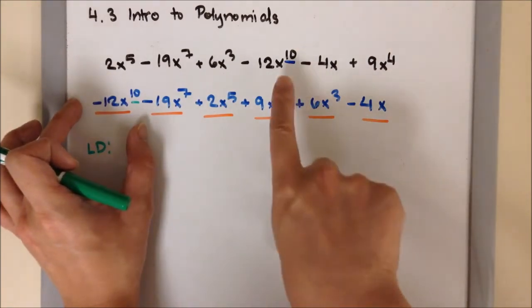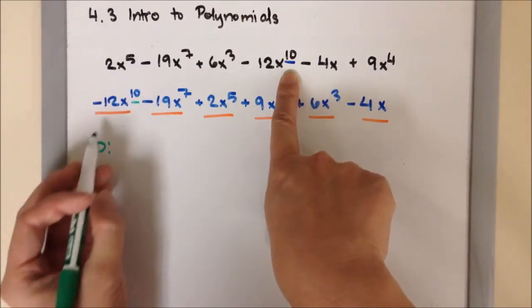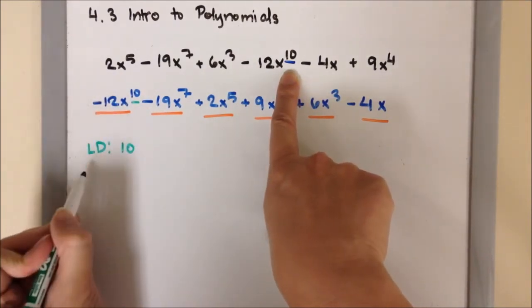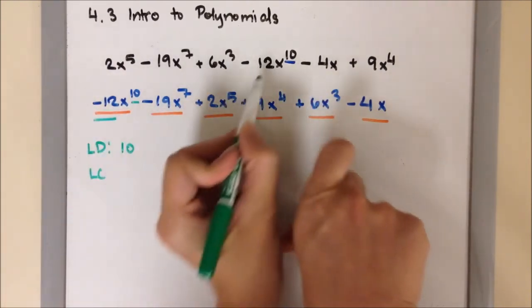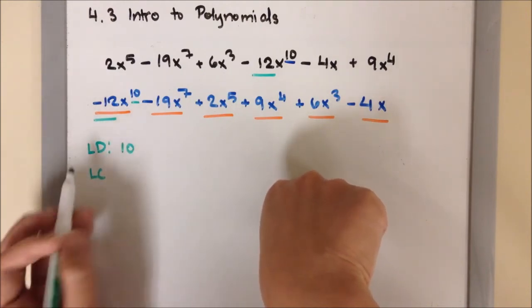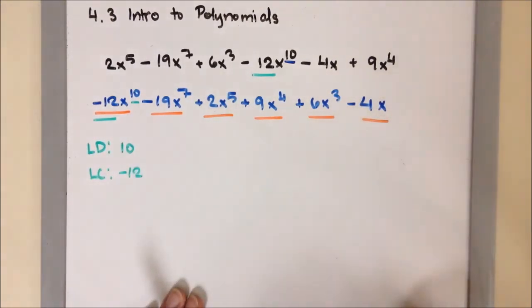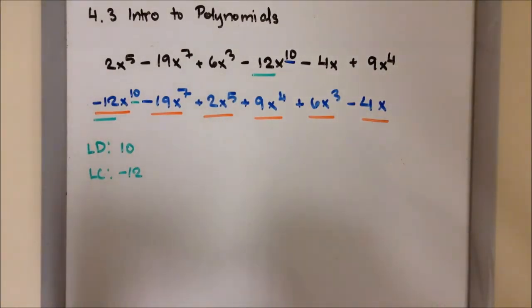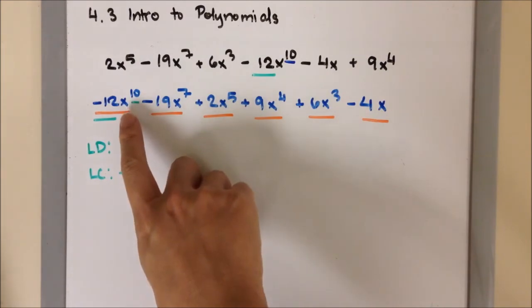If you did not, then right here is the highest exponent. So my leading degree, or LD, is 10. And then my leading coefficient is the number in front of the variable that has the highest exponent. So in this case, negative 12. So my leading coefficient is negative 12. That is the number in front of the x that has the highest exponent.